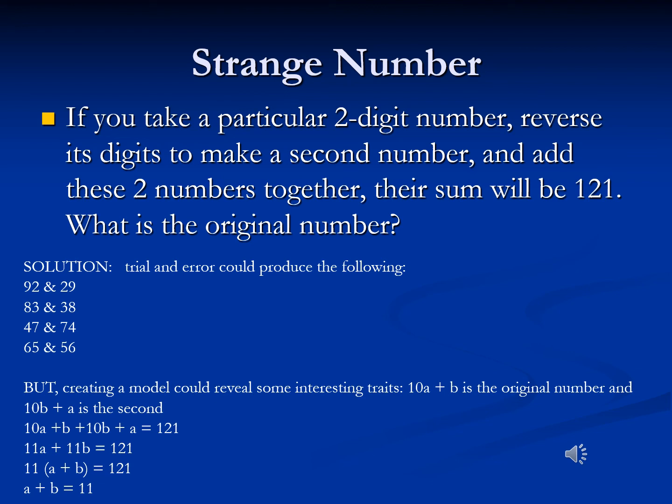When you add those two numbers, 10A plus B, and then its reversal, 10B plus A, it has to equal 121. So you see in my solution, I set that model up. When you add together like terms, you get 11A plus 11B equals 121. When you factor out the common 11 and divide, you get that A plus B always has to equal 11. Did I have to create that model algebraically like I did?